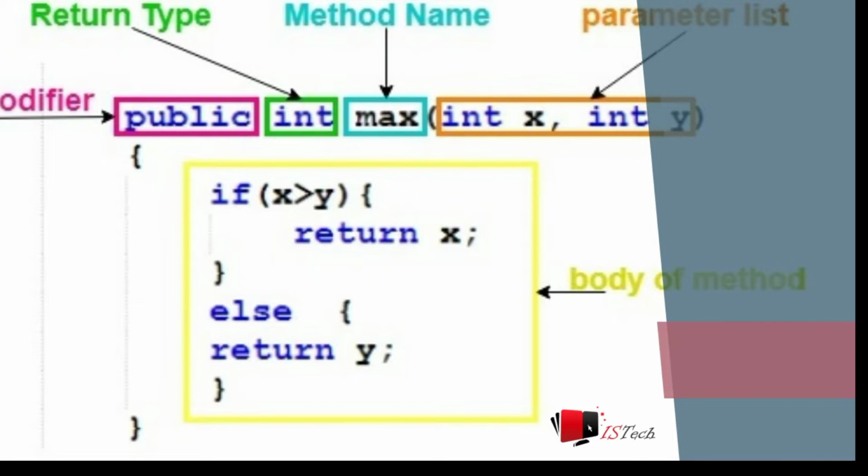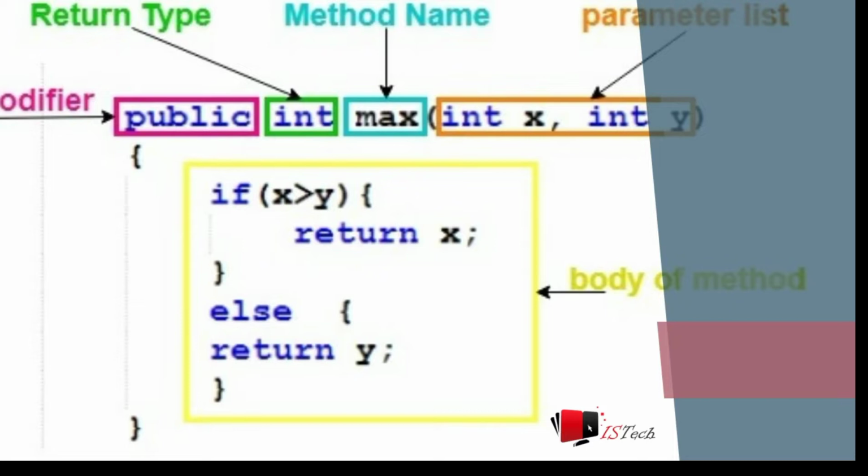List of parameters. The list of input parameters is defined, preceded by their data types, within enclosed parentheses. If there are no parameters, you must use empty parentheses.